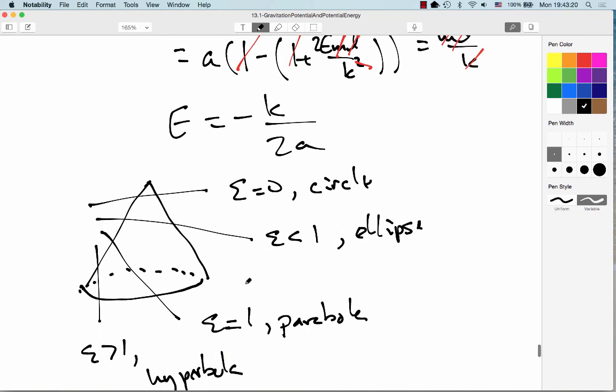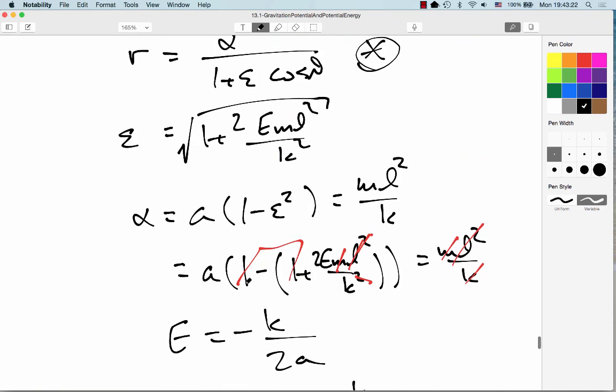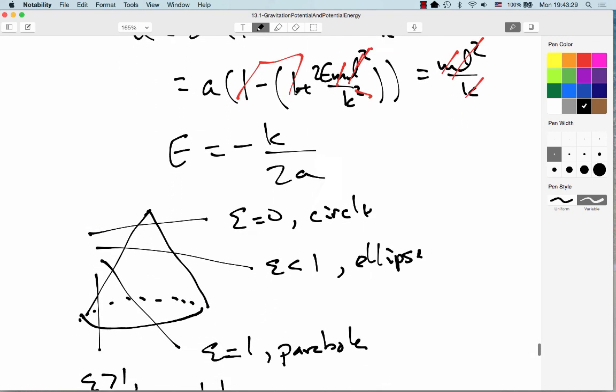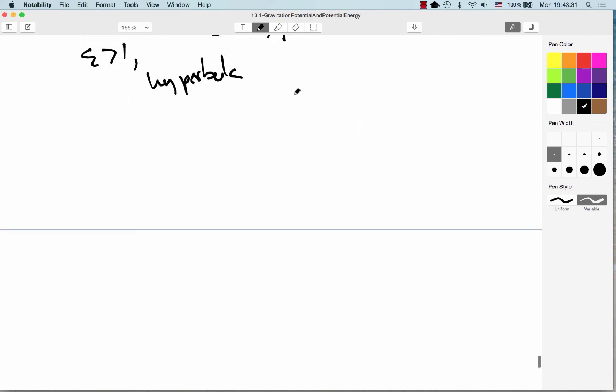So look at what we've got here. The eccentricity goes as the energy. If the energy is negative, the eccentricity is less than 1. So we have either possibly a circle, more likely an ellipse. In any event, it's a closed orbit of some sort.